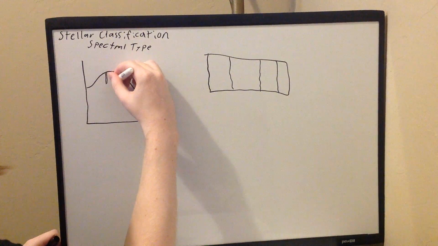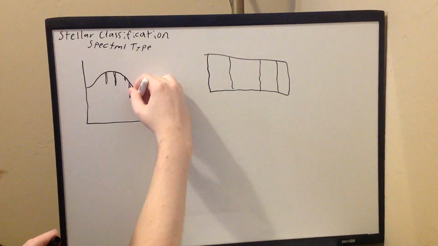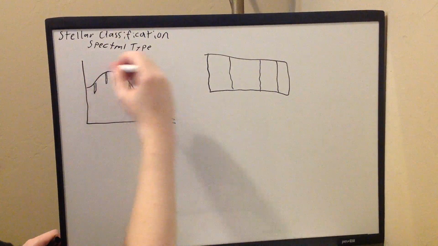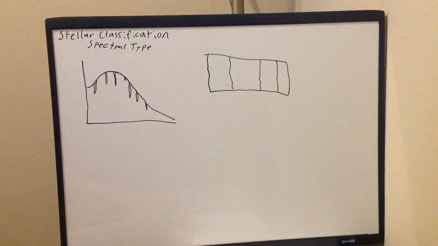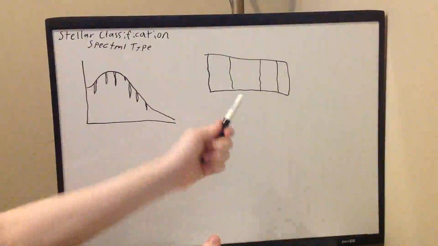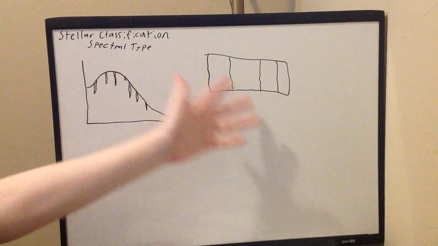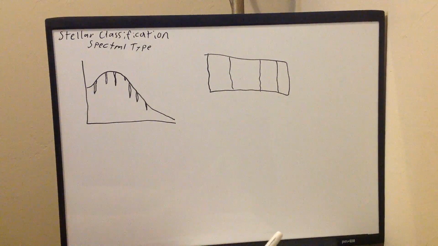It's like a black body with little chunks taken out of it. Little bites. Little dips in what you would expect the black body to look like. These are the absorption spectrum. Each one of these is like the result of an absorption spectrum and a black body spectrum being combined together.